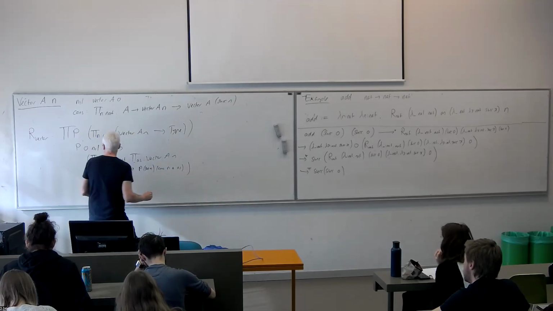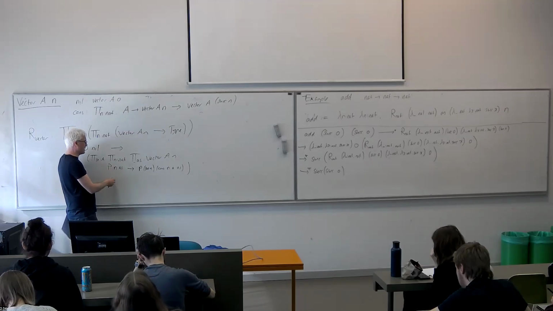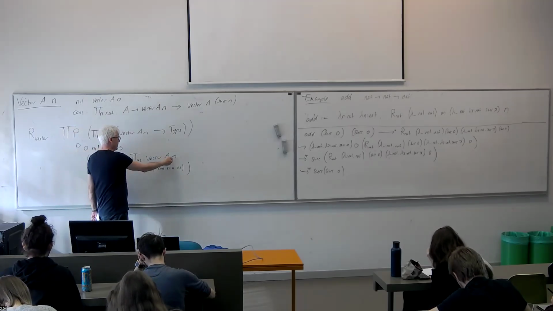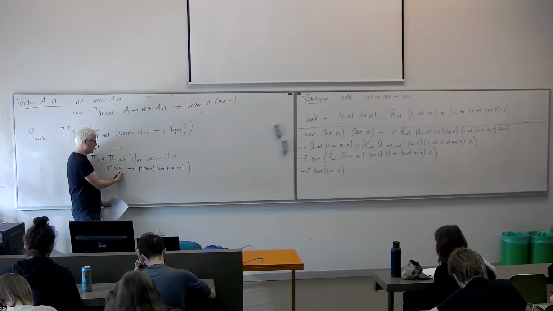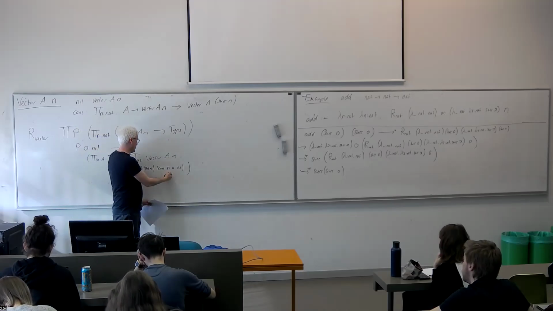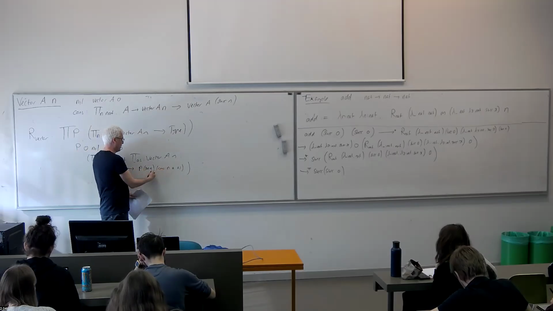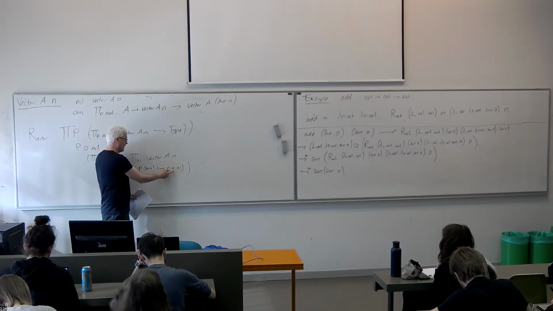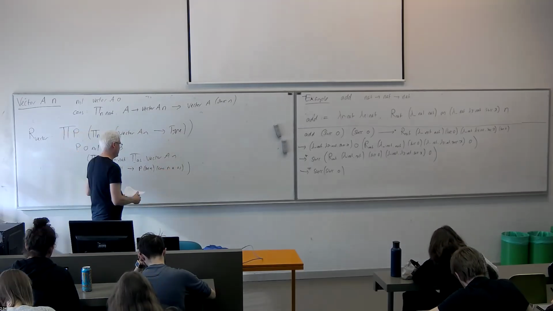But anyway, all this is saying, again, is for all elements we might cons onto a list, and for all lengths and all vectors of that length, if the property holds for the vector of that length, then it's required to hold for every extended version, the version we get by consing the element A onto the vector of that length. Cool.